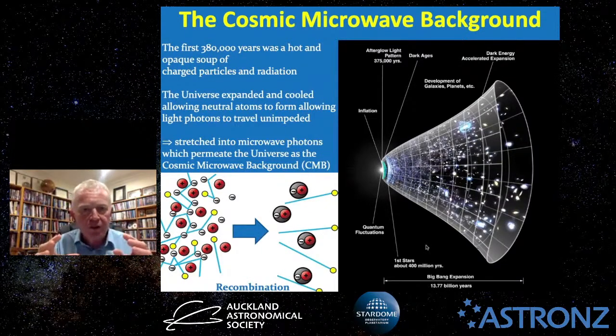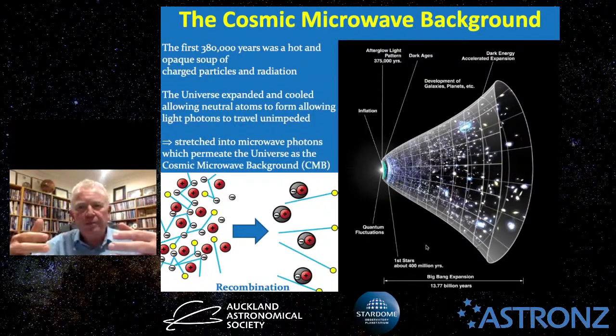380,000 years of the universe, it was just a hot, highly ionized plasma, a hot opaque soup of charged particles. The negative electrons and the positive protons would have loved to have joined together to form neutral hydrogen atoms, but it was too hot. They were just charging around. It was just hot electrons and protons and charged particles, and amongst that, photons.